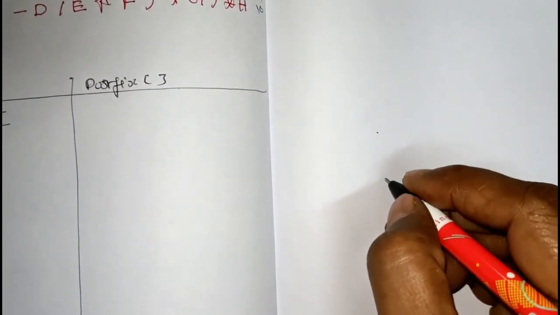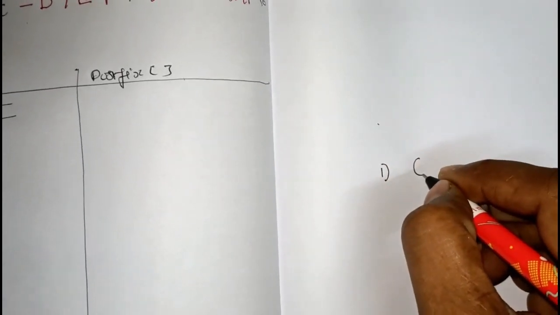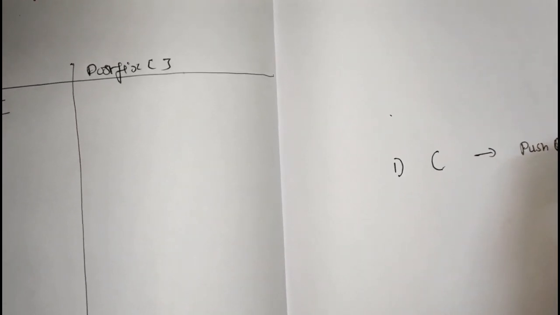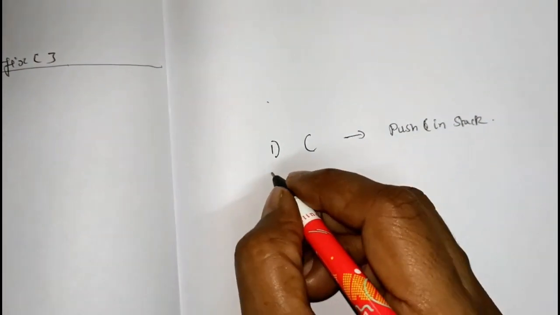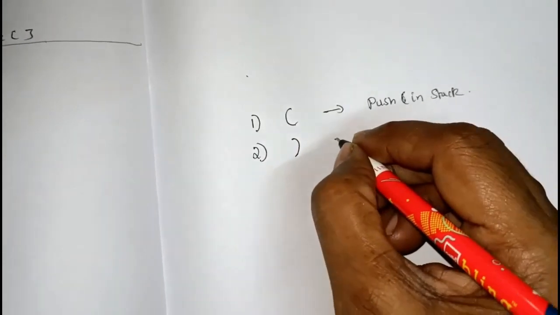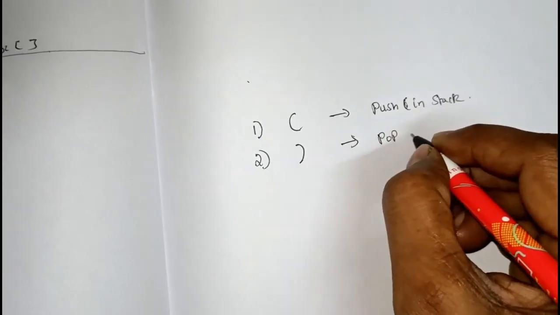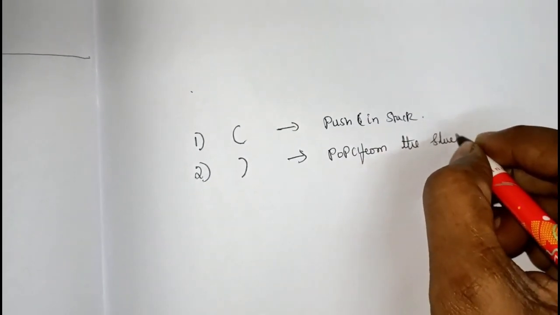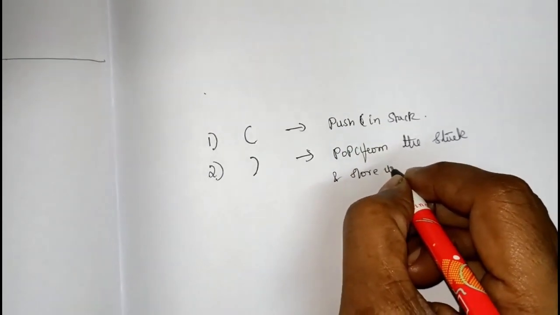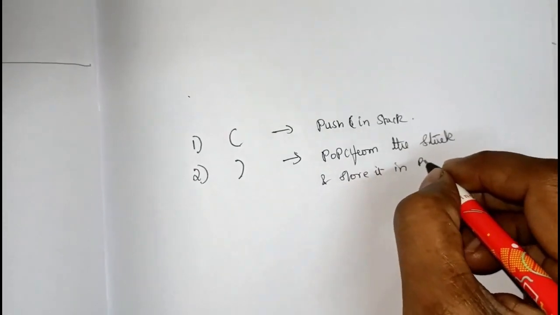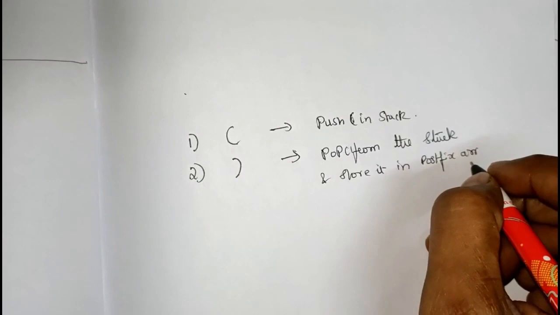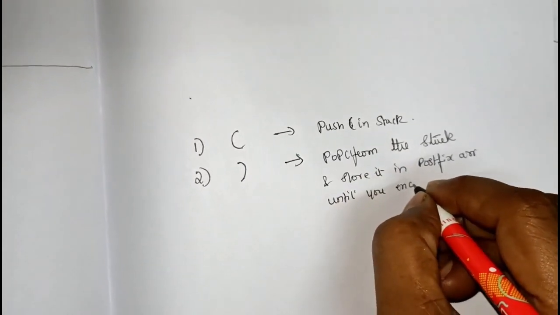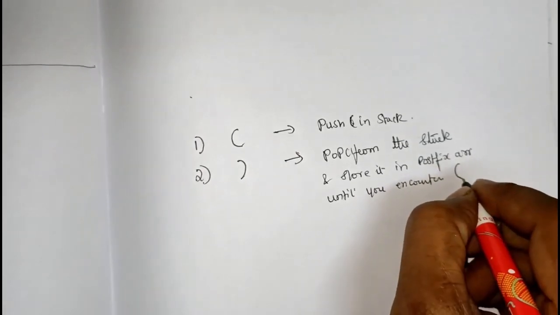First, whenever you see an open parenthesis, you just push it in the stack. Second, whenever you see a closing parenthesis, you pop from the stack and store it in the postfix array until you encounter the open parenthesis.